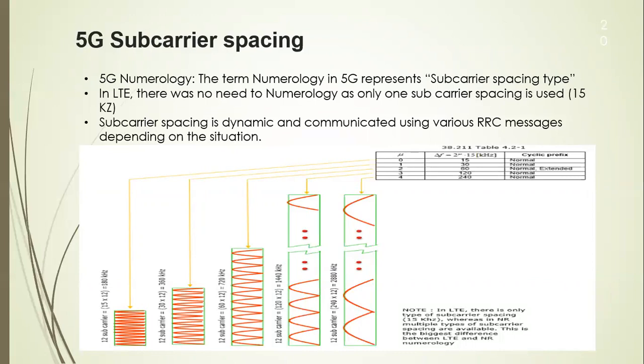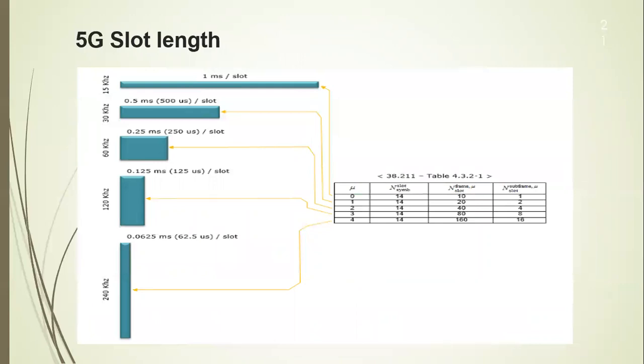So 5 numerologies are pertaining to 5 subcarrier spacings, that is 15, 30, 60, 120, and 240 kilohertz subcarrier spacing. So in the below diagram, you can easily understand the subcarrier spacing that is possible in 5G. So these are the slot durations. You can observe that the slot duration reduces if we are increasing the subcarrier spacing.